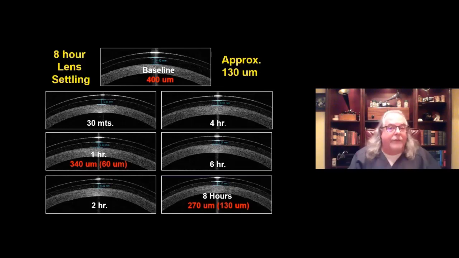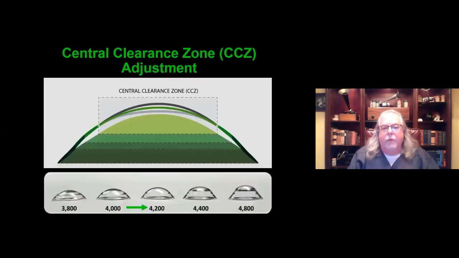Something new for us in the contact lens industry. We never had to think about this when we were fitting corneal contact lenses. Never had to consider it when fitting soft contact lenses, this settling effect. But scleral lenses are different, and therefore this needs to be worked into our equation.